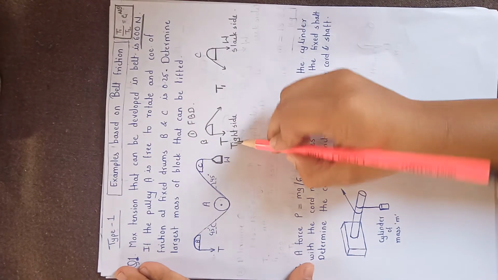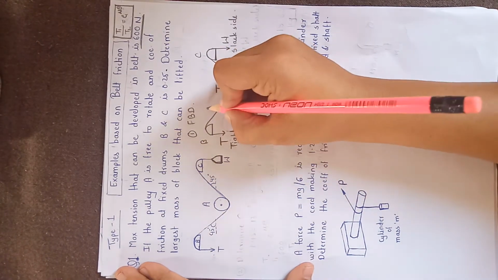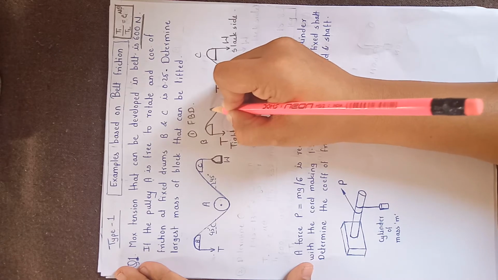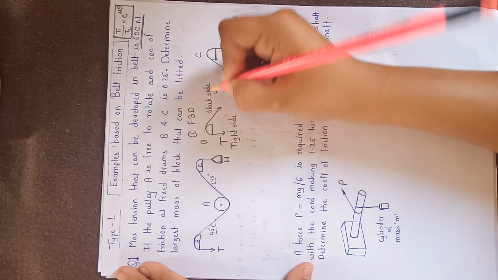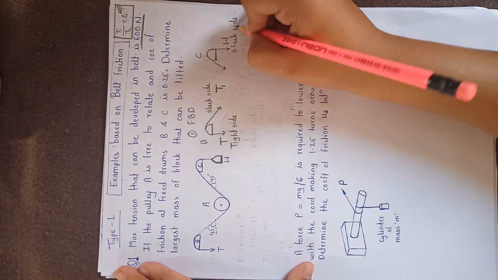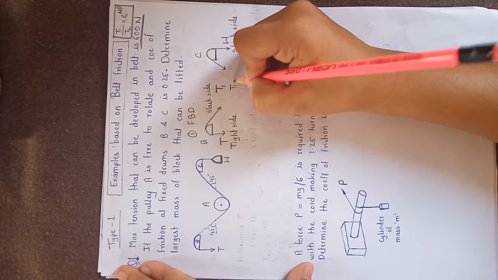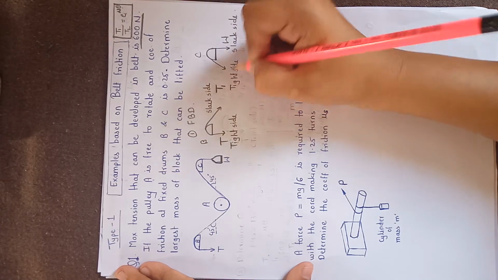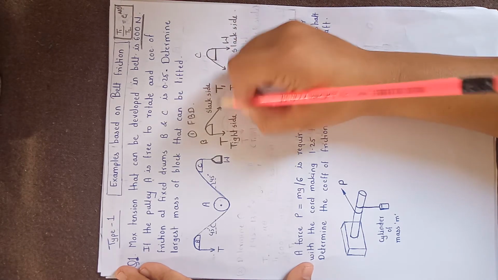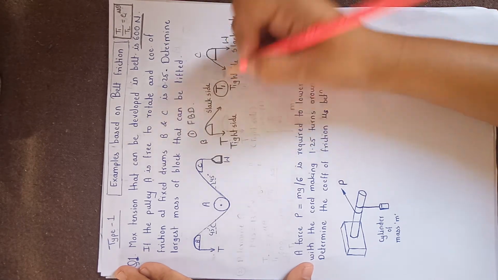As this is tight side, this will be the slack side, and as this is slack side, this will be the tight side. Tension acting on this belt is T1 only.